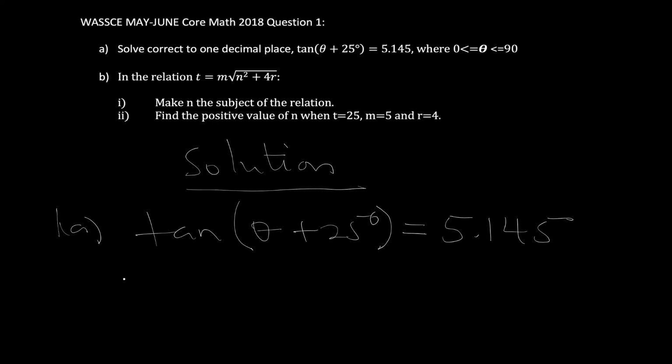So this is basically making theta the subject. What we do is divide the left hand side and the right hand side by tan. The whole of this is the left hand side, and the whole of this is the right hand side.